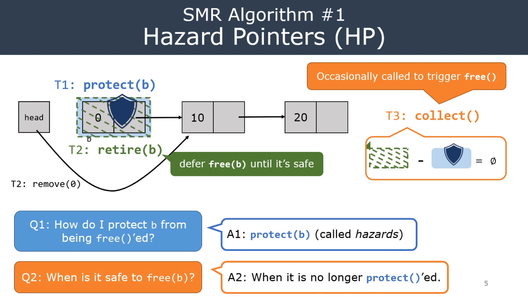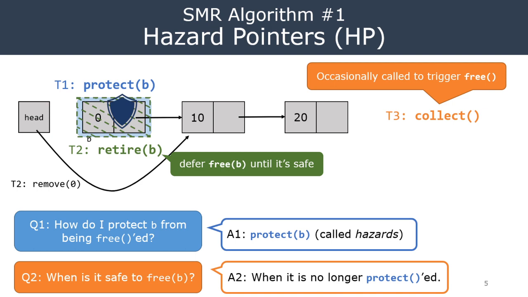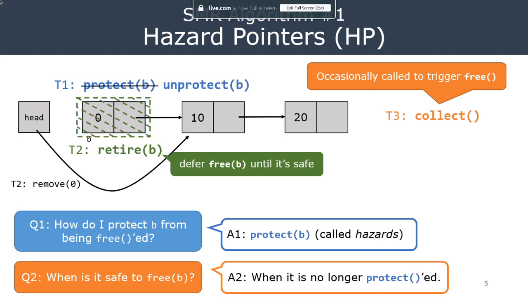So that's the reason why we can call a function named unprotect, which signifies that B was a protected pointer, and we no longer want to protect it because I finished accessing the block B. As an effect, this unprotect removes B from the list of protected pointers of the same thread.